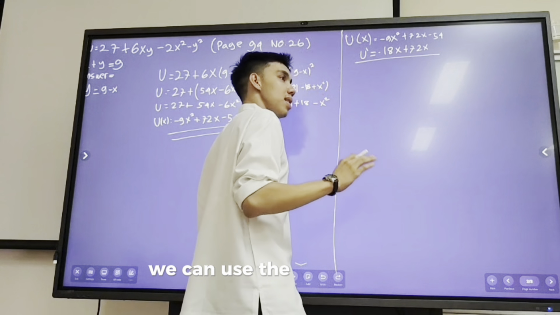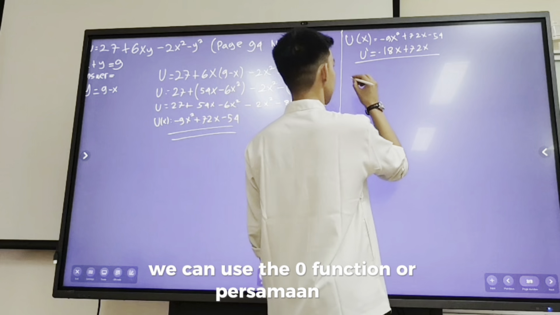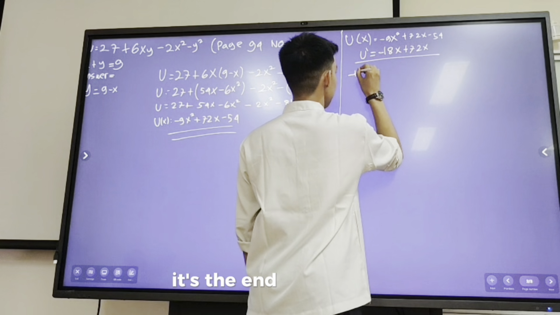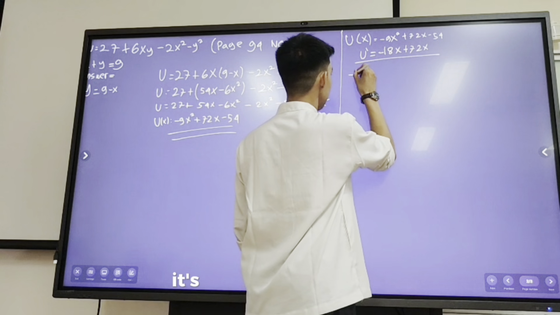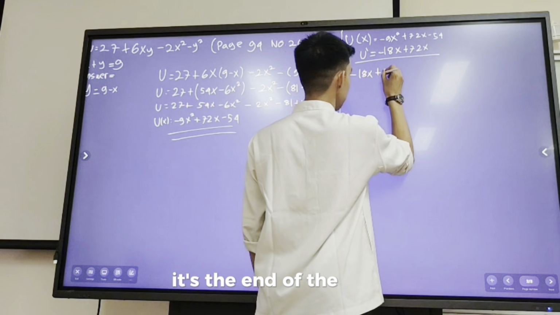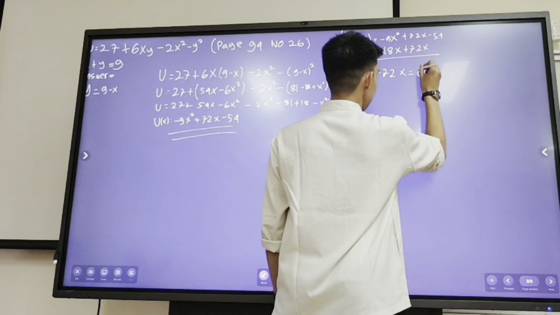We can use the zero function, the equation equals zero: minus 18x plus 72 equals 0.